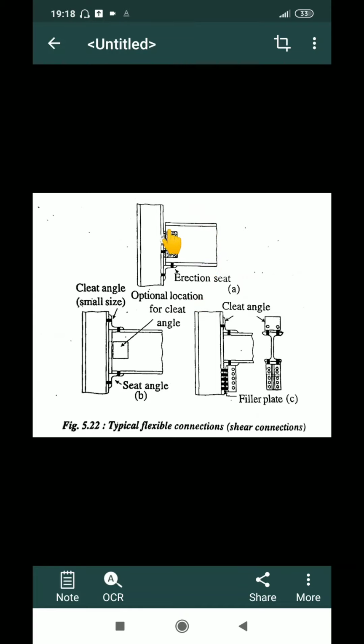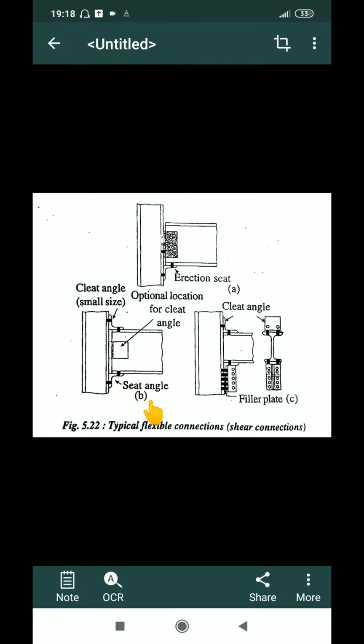So if I provide this type of connection, there might be a chance that this beam can move in any rotational direction, and this connection is called a flexible connection. If a beam column joint fails here, then that failure will be because of shear failure, and we also call it a shear connection.